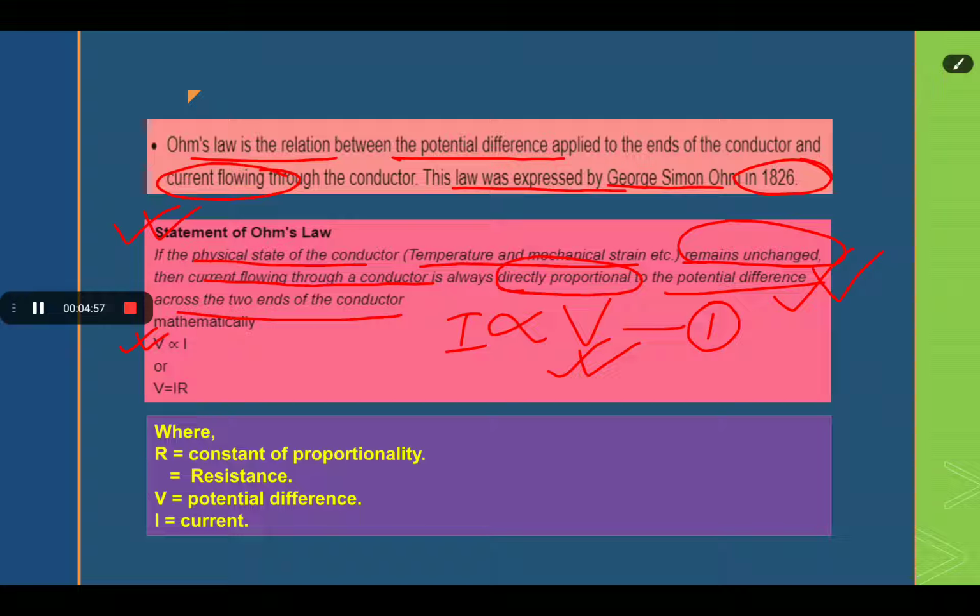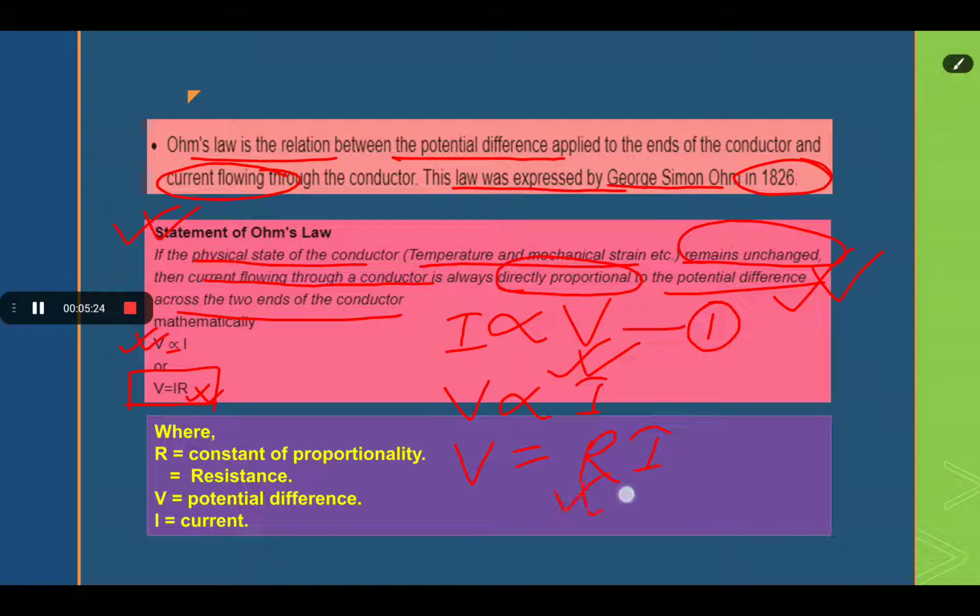Now, V is proportional to I, and V is equal to IR. When we remove the proportional sign, we have an equal sign and a constant quantity R. If I write V proportional to I, then V is equal to RI.